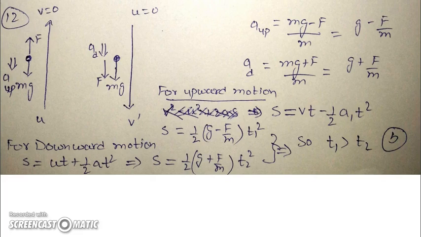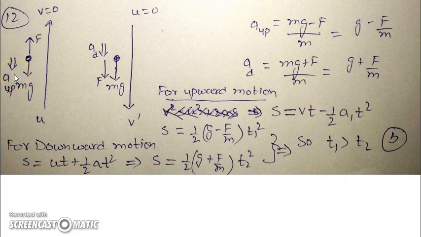Okay, so let's take a look: a particle is thrown with a velocity u, and at the top its velocity is 0. In the return journey, obviously the velocity at the top, which I have taken as initial velocity, is 0, and the final velocity is v' at the initial point. So while moving up, the force from the atmosphere is upward and the weight mg will be downward.